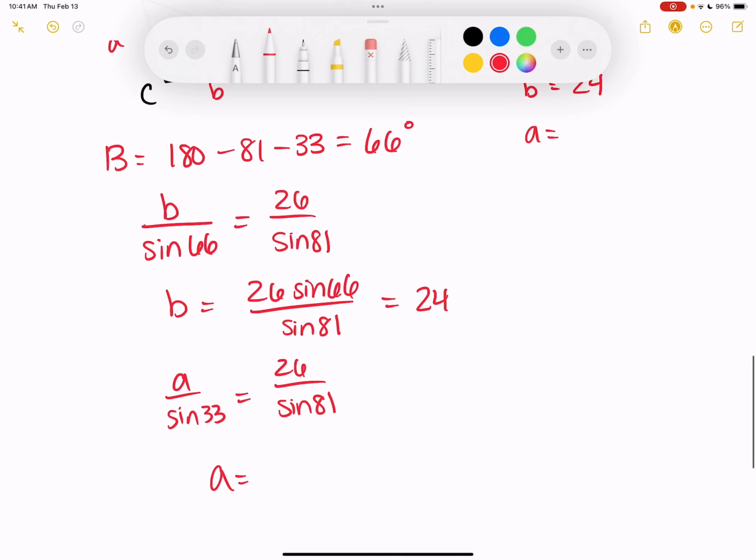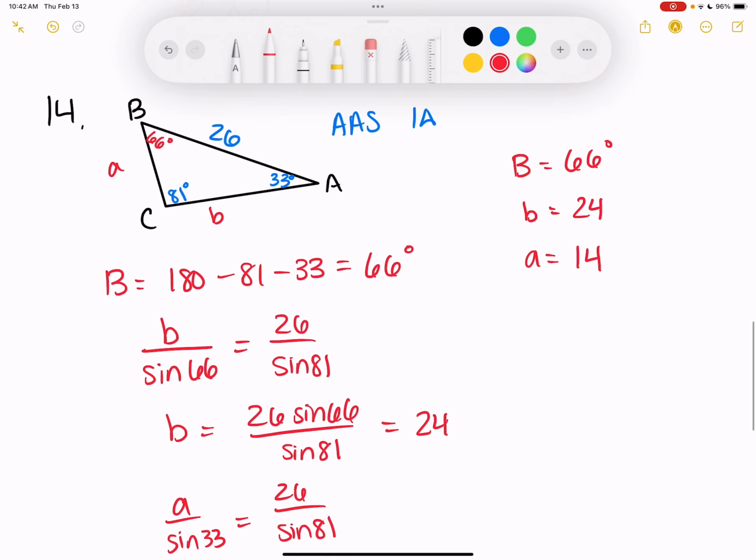So that means A equals 26 sine 33 over sine 81. So the answer to this triangle is this information here.